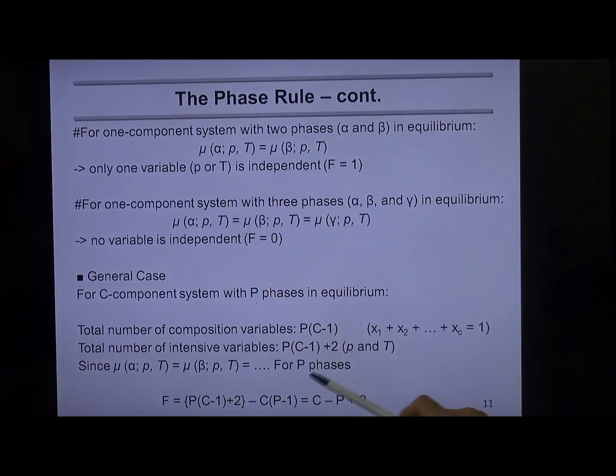When we have p phases, we have 1, 2, 3, 4, up to p minus 1 equations, right? So we need to subtract this number, p minus 1. And we have these equations for each component, so we need to multiply by c. So if you calculate this, we finally get F is equal to c minus p plus 2. Simply, we got the phase rule.